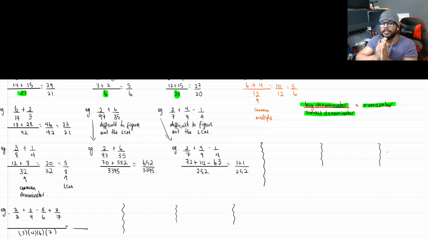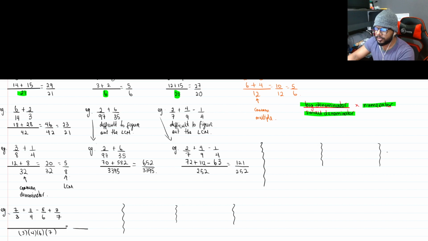The calculations I want you all to start doing for each fraction will be a different calculation. And each fraction works on this formula I have on top. Big denominator over small denominator multiplied by the numerator. So let's try it for my first fraction, then I'll do it for my second fraction, then my third fraction, and then my fourth fraction, and see what I get.